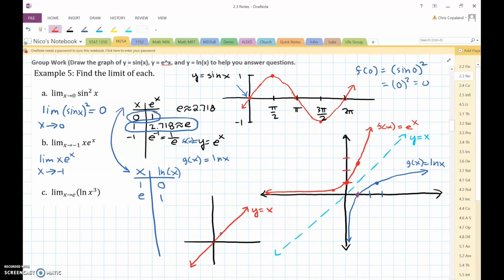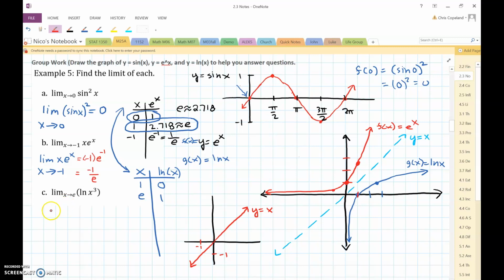So if we plug negative 1 into this function, as x approaches negative 1, that's going to be negative 1. And then e to the x, if you plug negative 1 into that, that's going to be e to the negative first. So if we simplify this, this would be negative 1 over e. We can do direct substitution there.